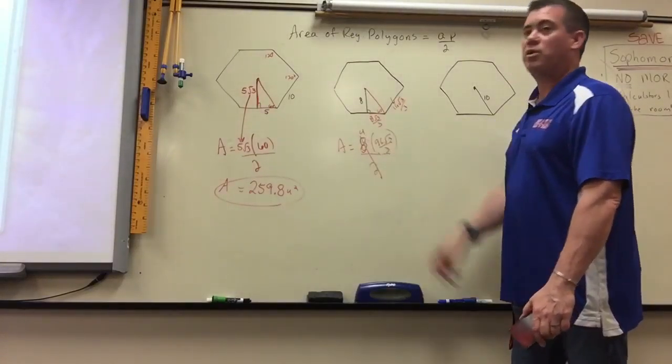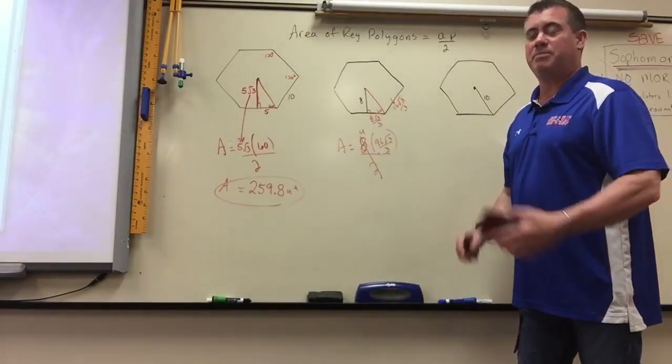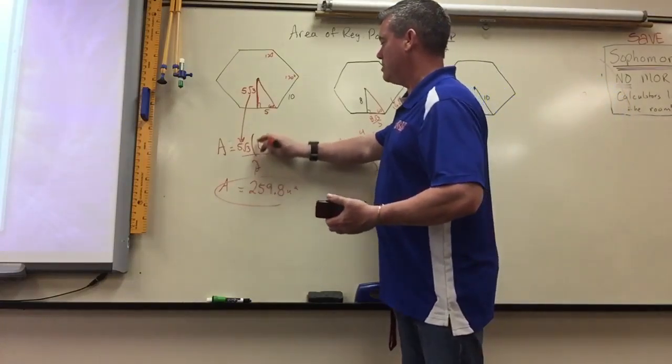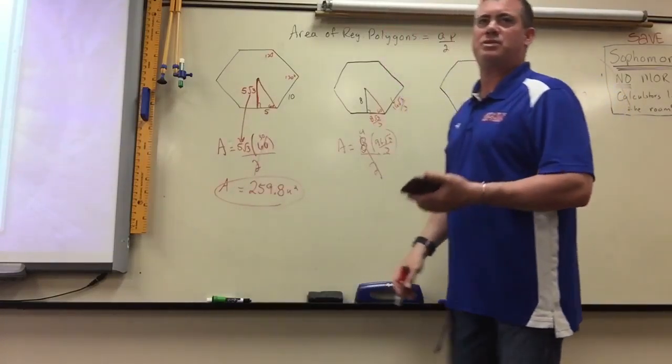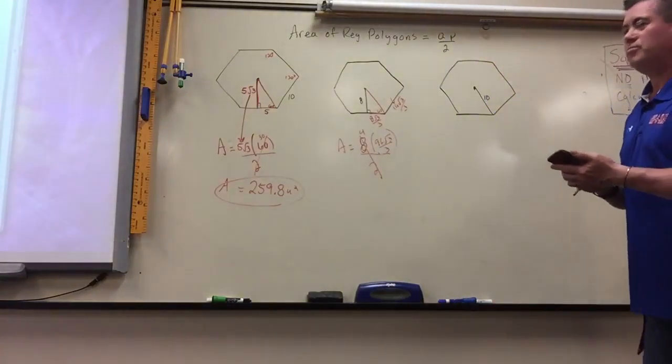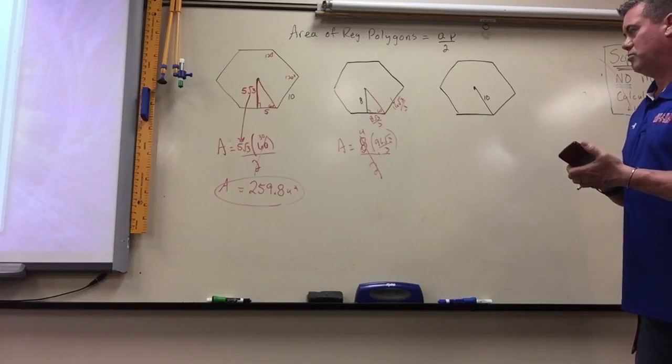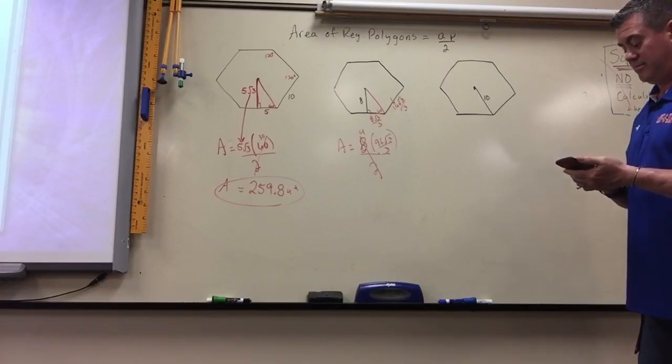8 over 2 is 4. Then it saves you a step of dividing. If this is an even number, like here, all I did is I just made that 30, and that just saves you a step. So we can type it in: 8 times 96 equals, divided by 2, plus times the square root of 3 equals, divided by 2. Try it and see what you get.